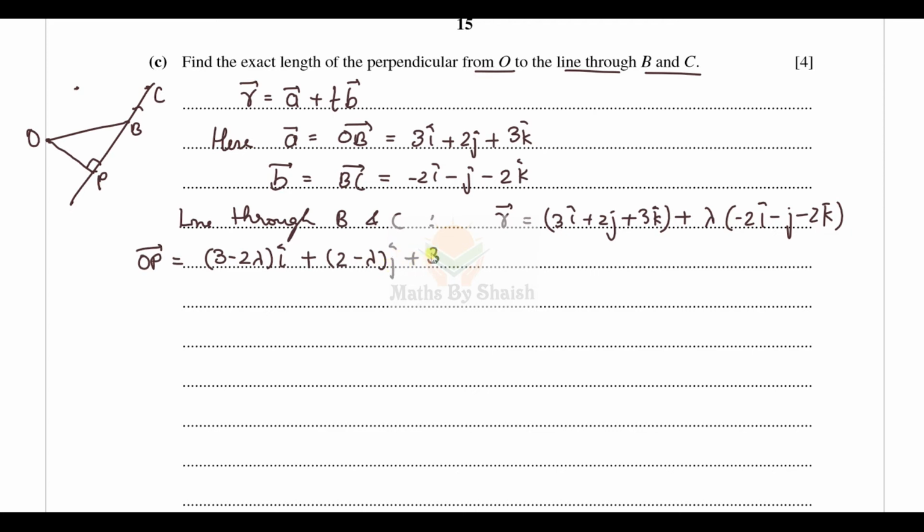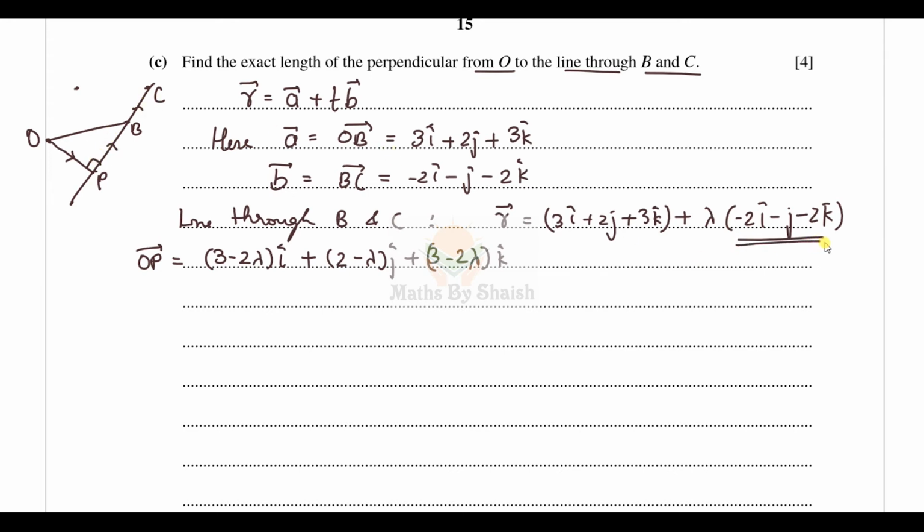Now we have OP and we have the line through B and C, and these two should be perpendicular. So OP and the line through B and C should be perpendicular, or we can say the direction vector of the line through B and C should be perpendicular to OP.